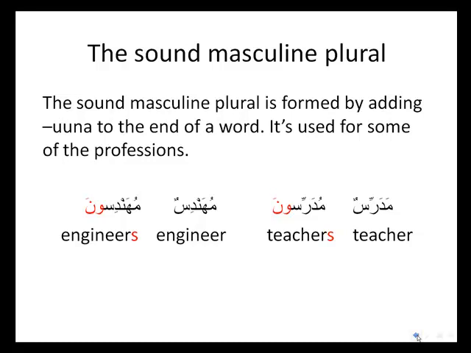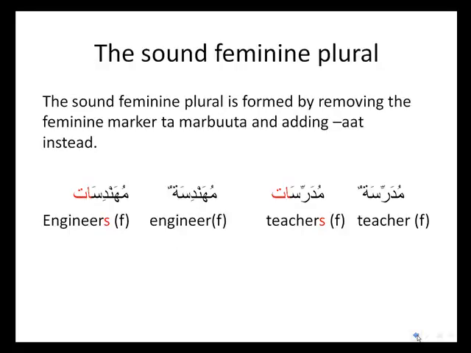Nice and easy. The feminine plural form is just as easy. We remove the feminine marker, the ta marbuta that we talked about before, the little circle with the two dots. We remove that, and instead we add alif ta.